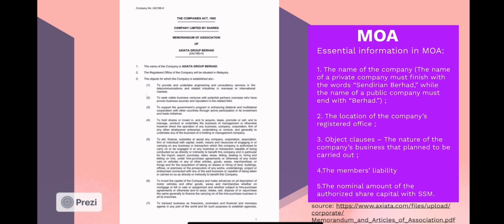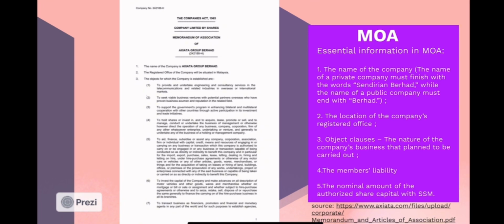Memorandum of Association. So what's inside the MOA? Well, the first one is the name of the company. If your company is a private company, you must end it with the words Sendirian Berhad, while the name of a public company must end with Berhad. Second, the location of your company's registered office.